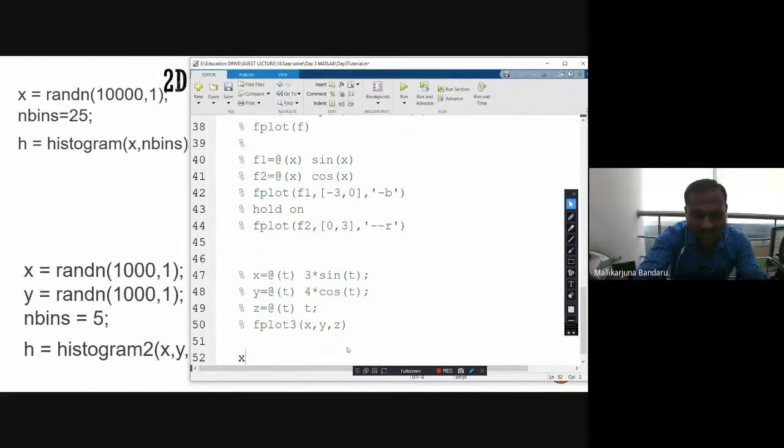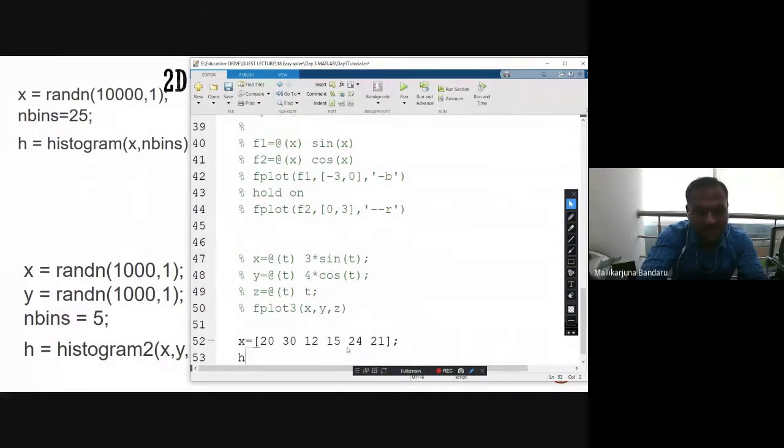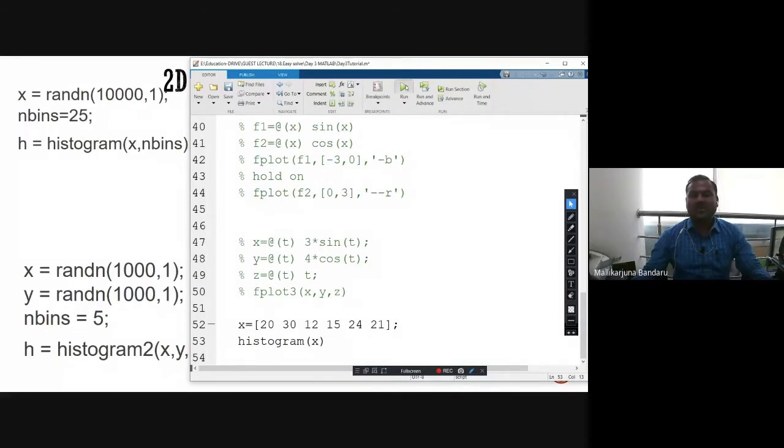Let me take x is equal to, suppose, 20, 30, 12, 15, 24, and suppose 21. Simply h is not required. Simply you can take histogram of x. That's all. Histogram of x data and histogram of x.